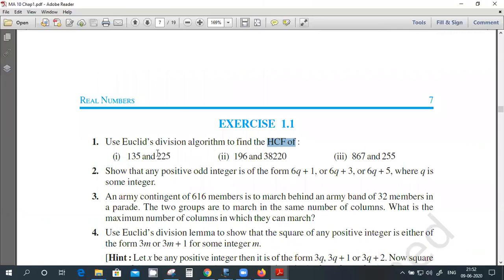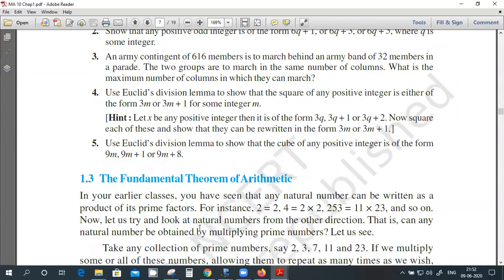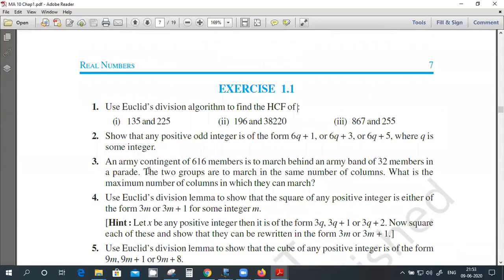So from that I can get the factors. Here it is 45, 135 and 225. 45 into 3 times, 5 times.